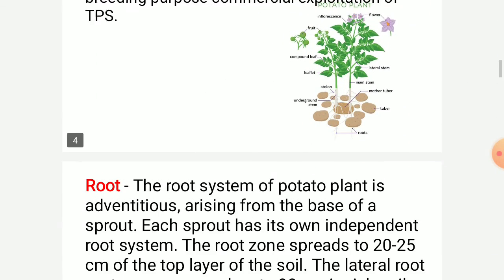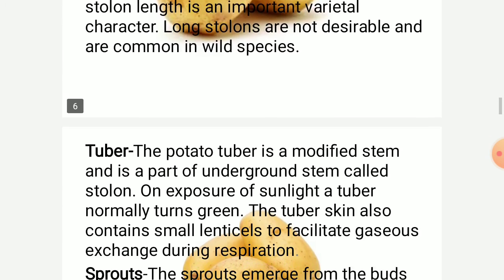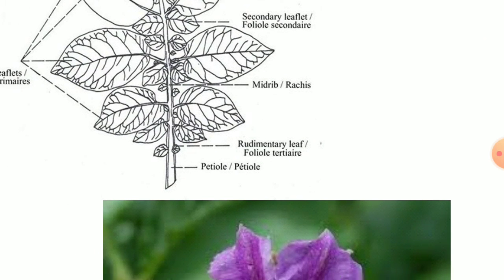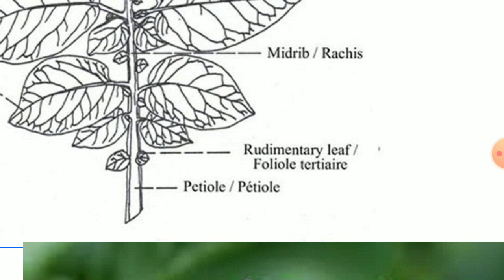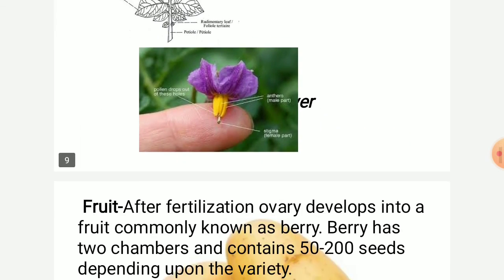Then leaflets are directly attached on petiole. So you can see petiole. Leaflets are directly attached on petiole. So next point is flower.